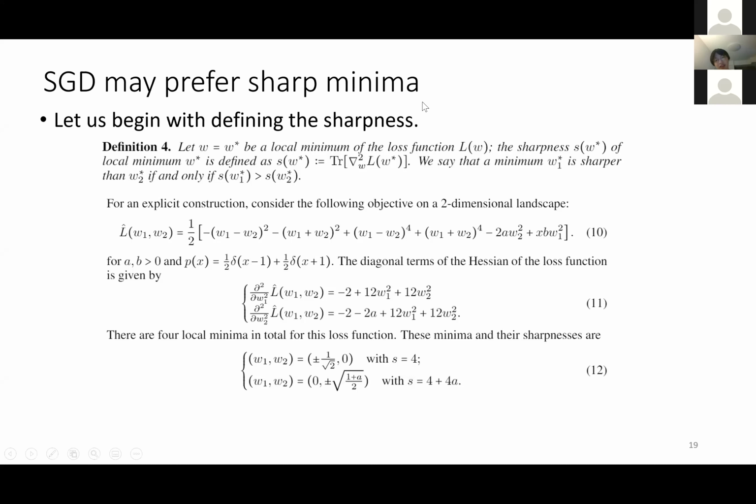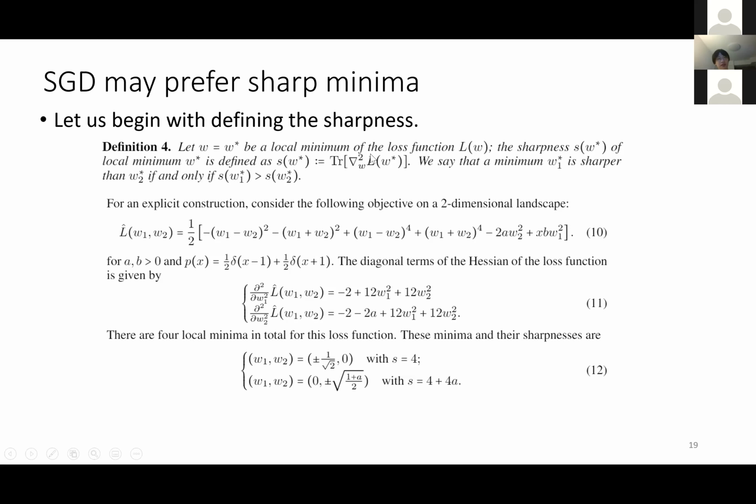One additional possible definition of sharpness is the determinant of the Hessian, but for the problem we are studying, it's equivalent to this definition. The point is that this sharpness increases monotonically as you increase the curvature of the local minimum. So if the eigenvalue is large, it's sharper.